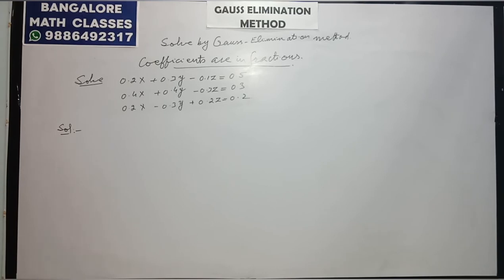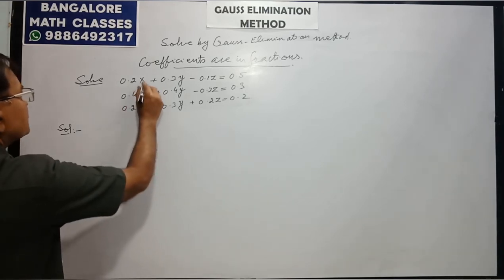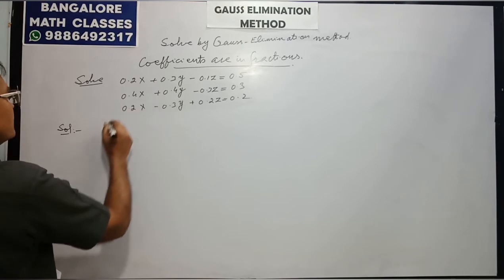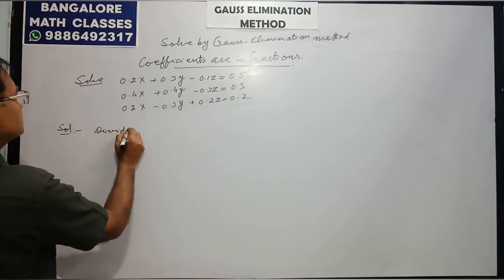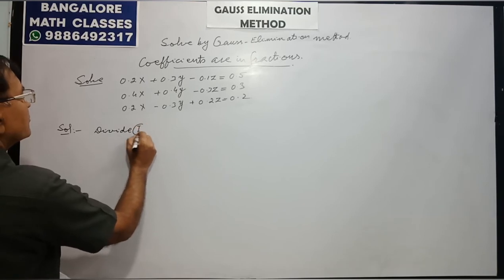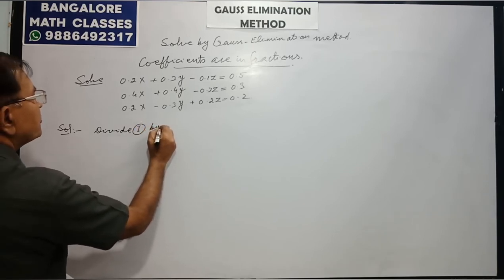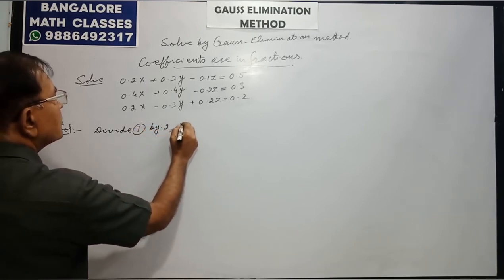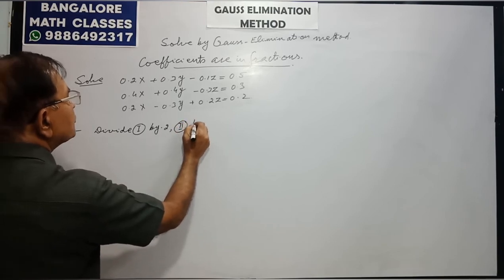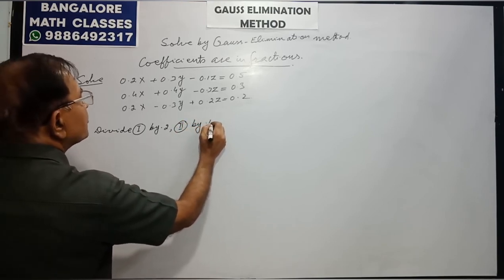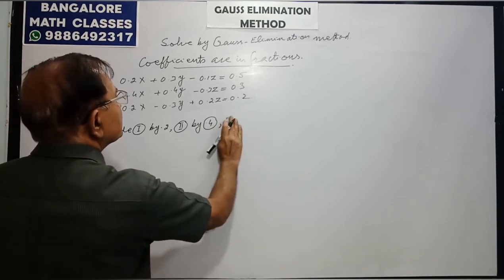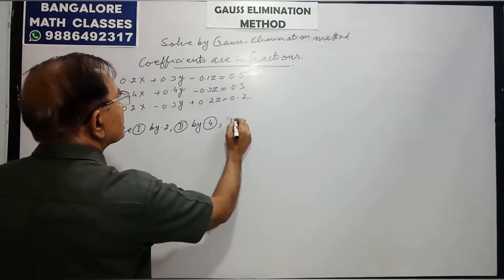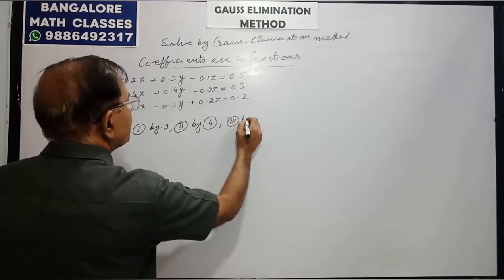How to solve it? First we will make the coefficients of x1. Means we will divide the first by 0.2, the second by 0.4, the third by 0.2.